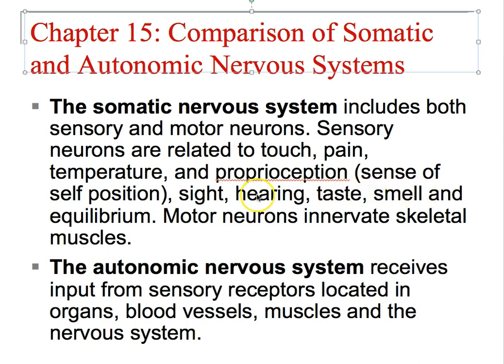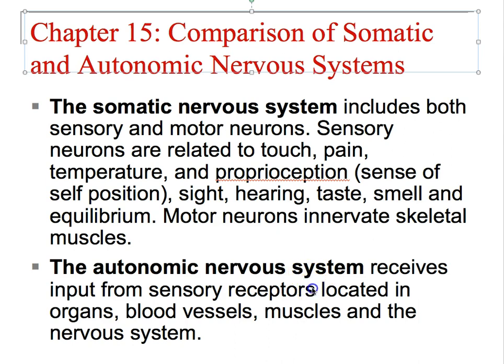And they will then allow, if need be, some sort of motor neuron output from that upper motor neuron to a lower motor neuron, what will innervate some form of skeletal muscle tissue that is voluntary. Okay? But this evening, what we're going to be focusing on is the reception of sensory input.